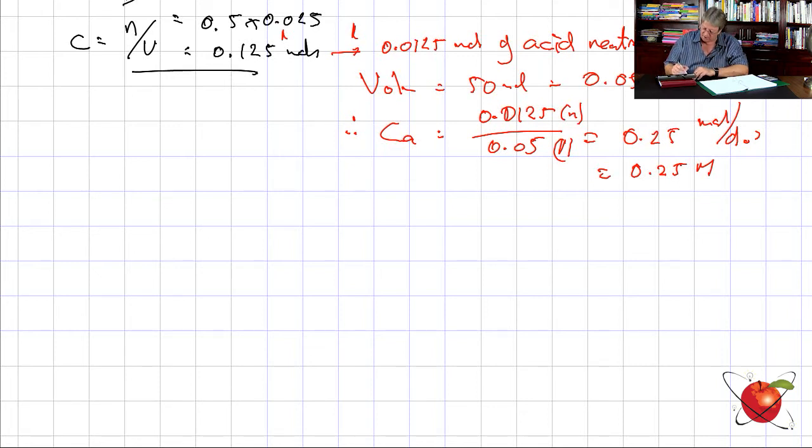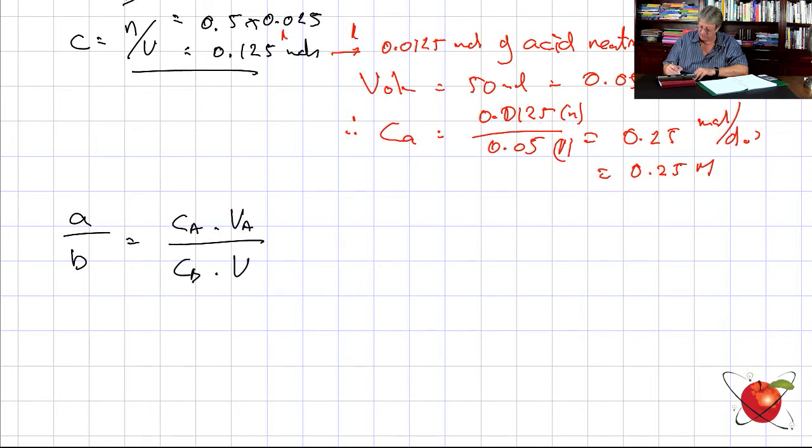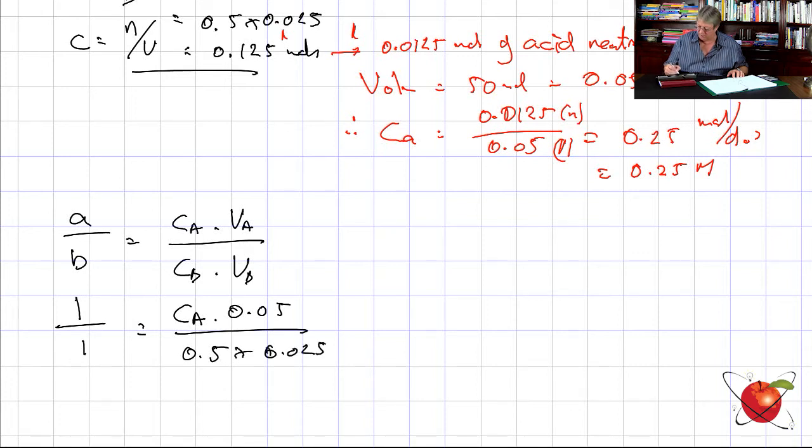Now, also I could have said a over b is equal to concentration of the acid times volume of the acid, over concentration of the base times volume of the base. Therefore, I would have said 1 over 1 is equal to concentration of the acid times 0.05 over 0.5 times 0.025.